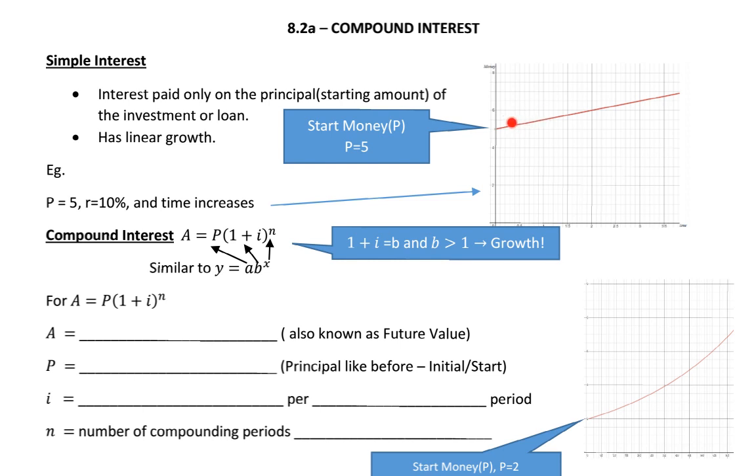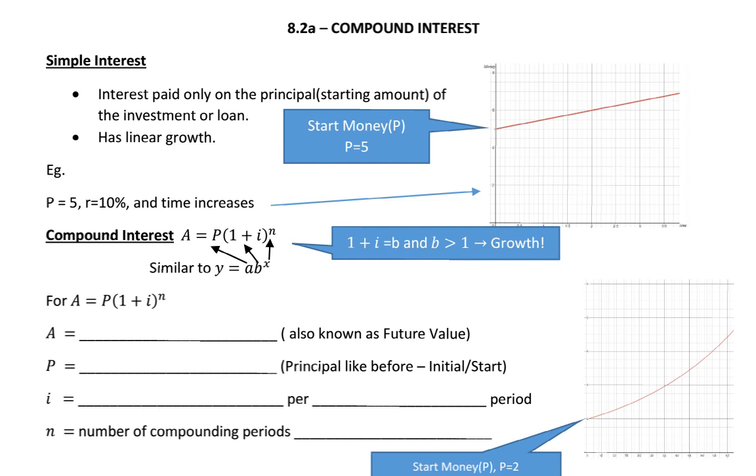So what we do is we take that interest and we tack it onto the total amount of money, and we do that over and over and over again. So we end up with something that looks like a straight line. So please remember that when we're talking about simple interest, we're talking about a straight line. It only grows in a gradual progression.